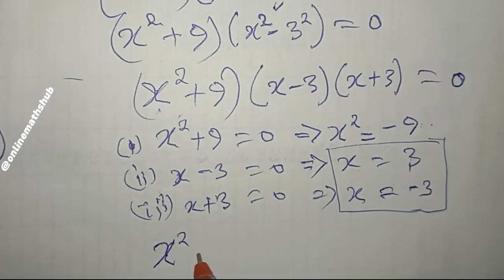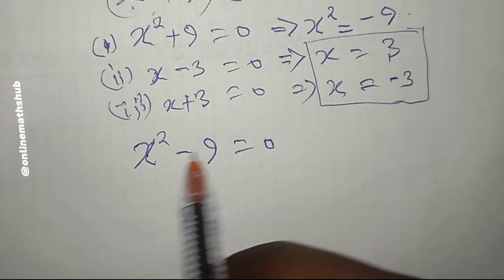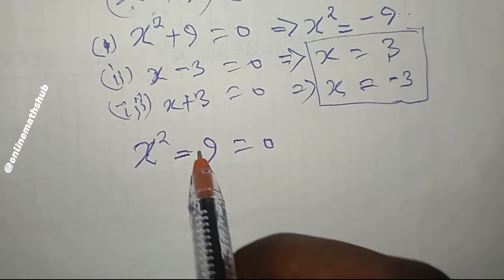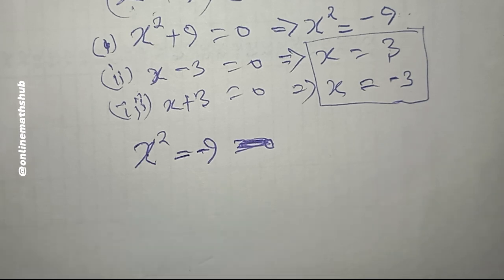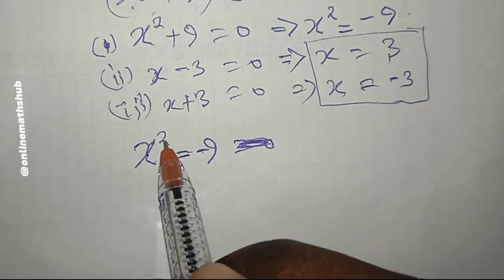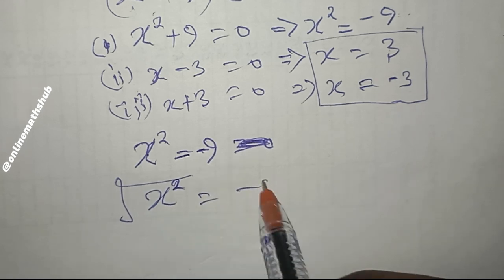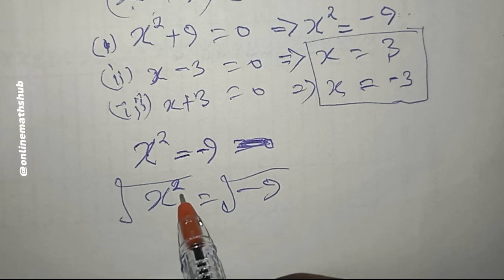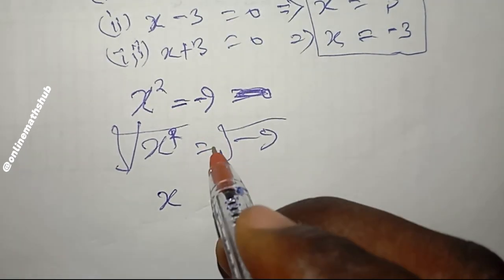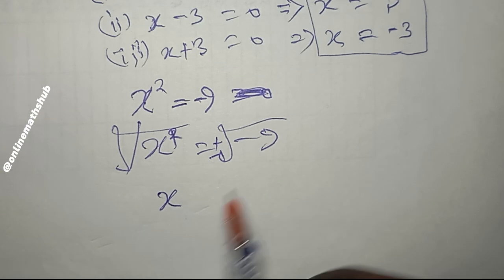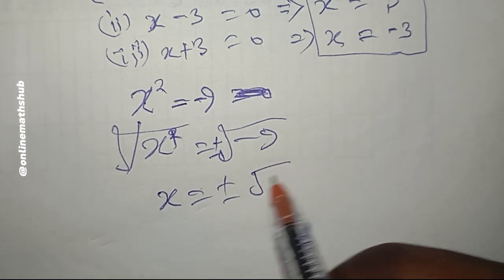We have x squared is equal to minus 9. So we are going to be taking the square root of both sides so that we can remove this. So I have the square root of x squared is equal to the square root of negative 9. This cancels, and x now becomes, don't forget this is plus or minus, equal to plus or minus root.